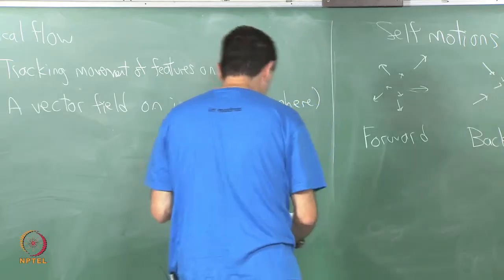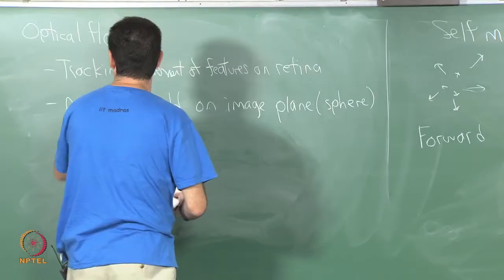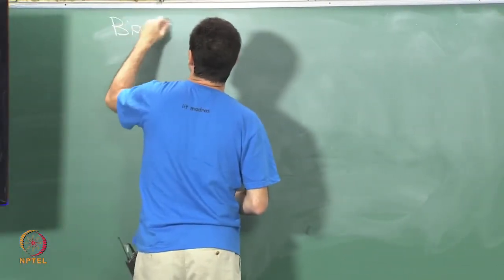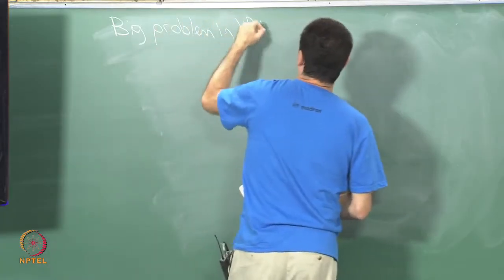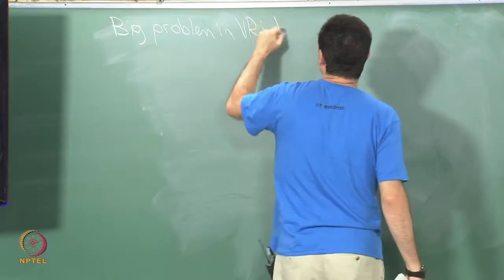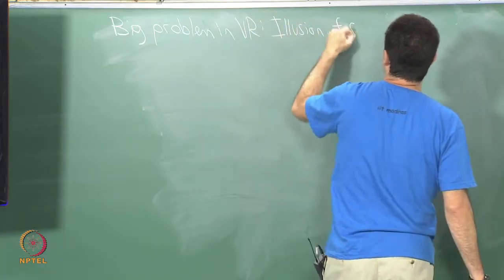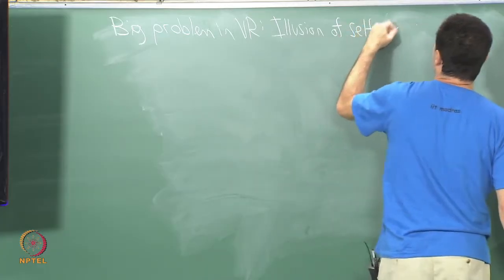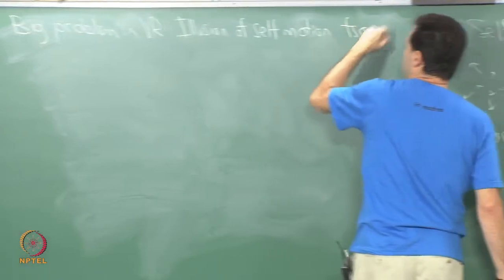So based on this optical flow, we have a big problem in virtual reality. A big problem. You've experienced it in the lab already, I'm sure. Which is the illusion of self-motion from optical flow.